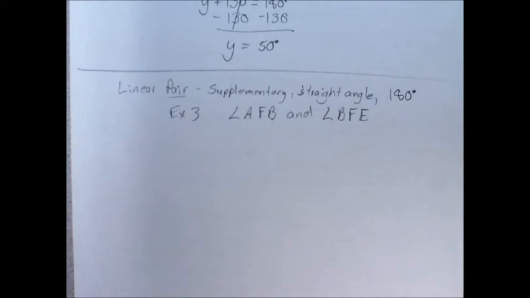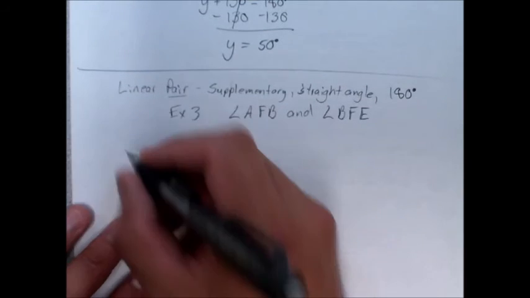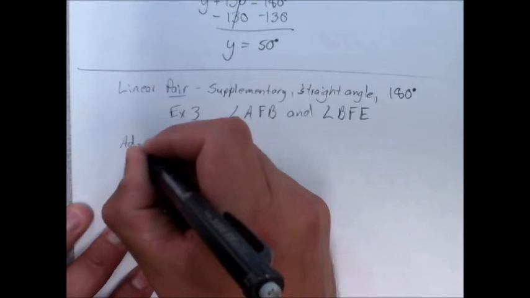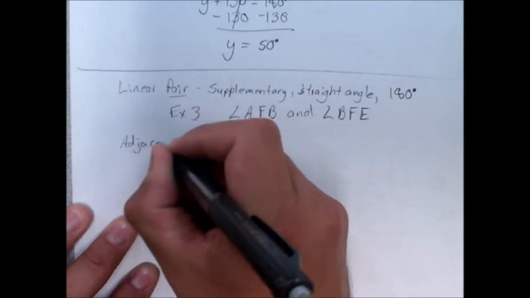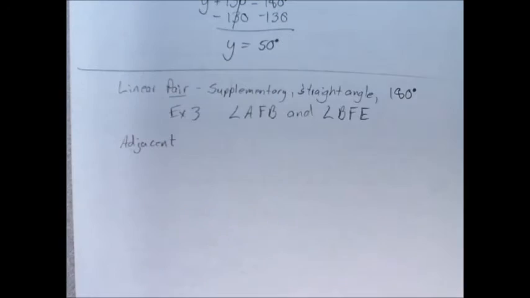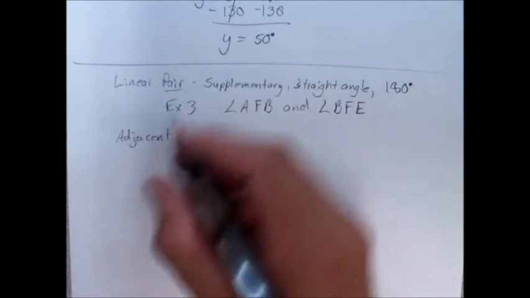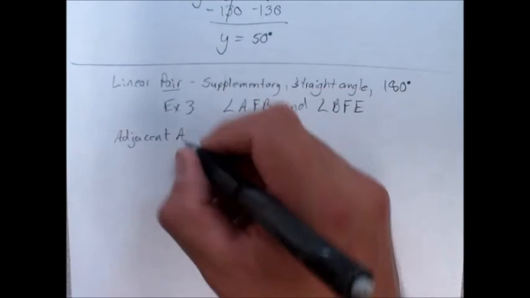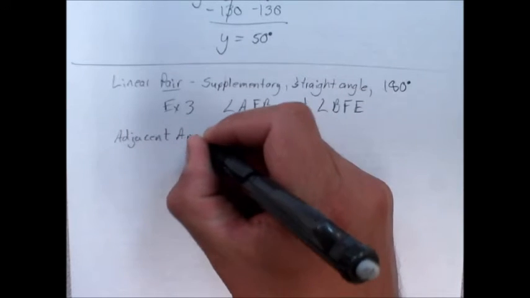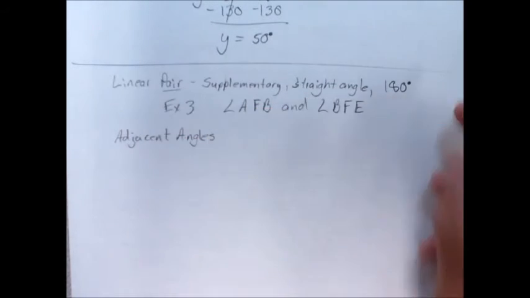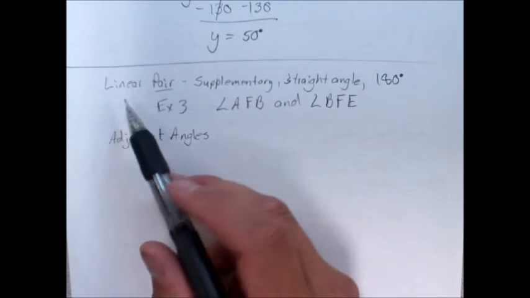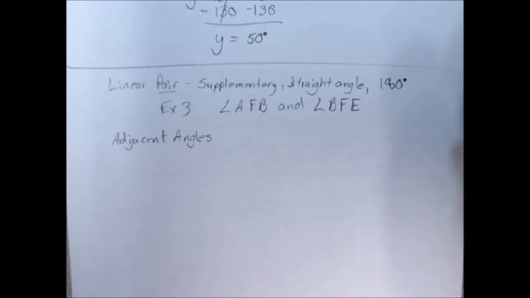Now, we're going to go over adjacent angles. Adjacent angles are exactly what Chris just described. If they're adjacent, that means that they share a side. That's what adjacent means. So, when I'm talking about linear pair, the exact definition of a linear pair would be two adjacent angles that form a straight line.